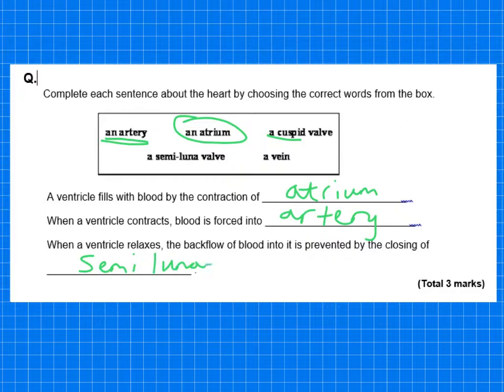But again, in the new spec that wouldn't come up. It might expect you to say that a valve closes to stop the backflow of blood.